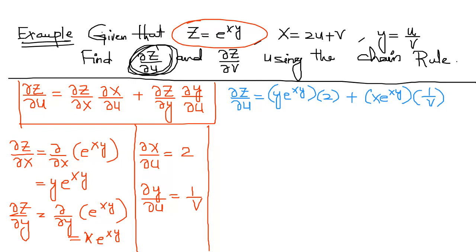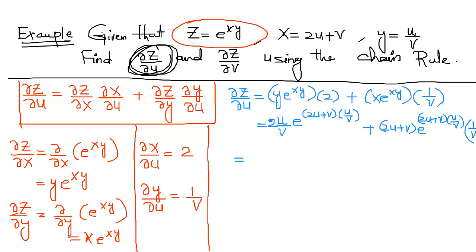So in terms of this, y is u divided by v, and 2 you can write here: 2 e power xy. x is 2u plus v, and y is u over v, plus x is 2u plus v, and e power (2u plus v) into u divided by v, times 1 over v. Simplify it.